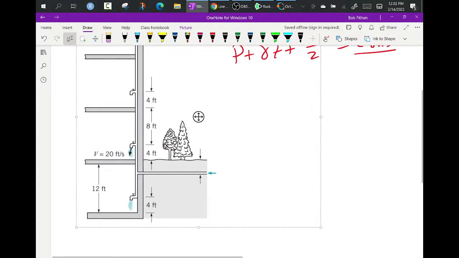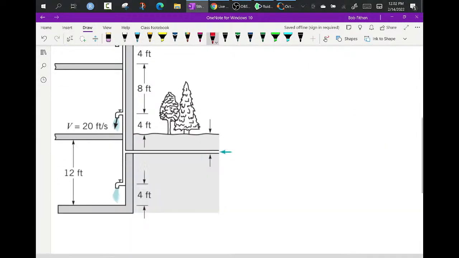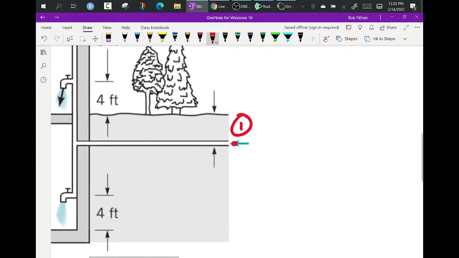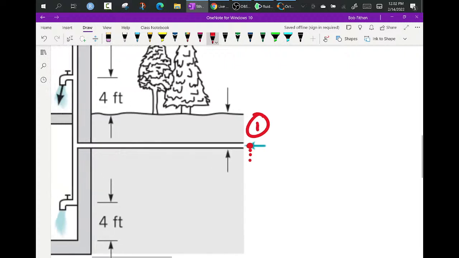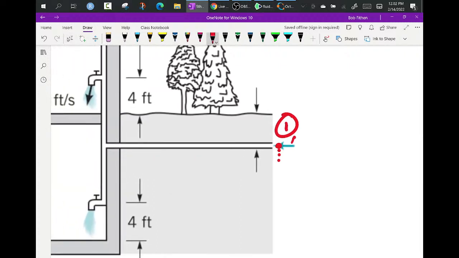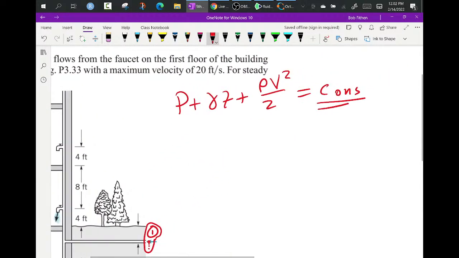So theoretically, let's start with a point back here, say point 1. Now, if you zoom in really close, you might have 2 or 3 neighboring particles. They will all be at the same elevation, the same constant, whatever that number is, constant across all of them.